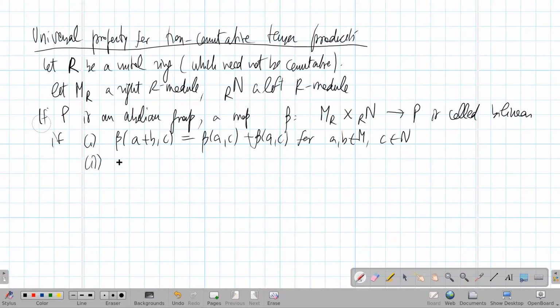Same thing in the second component. This time a is in M and b and c are in N.